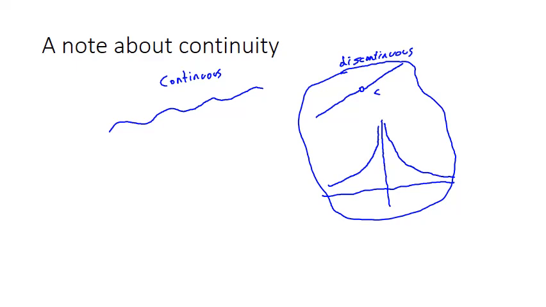This one is removable because I can redefine my function to say at this particular location where there's a hole, let me just put that value back in. So this is a removable discontinuity. I can fill it in, basically. This, on the other hand, is an example of a non-removable discontinuity. And what we mean by that is just that there's no way for us to fix this with a simple function definition to make these connected.